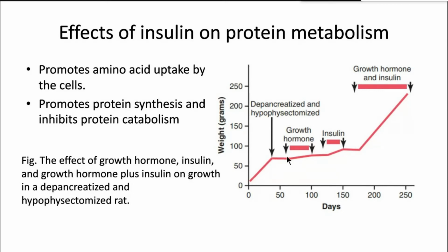Now, we inject growth hormone from outside and see the effect. The weight gain here is not so significant. Now we give insulin also and we see the effect. There is rapid increase in weight. It means growth hormone alone is not sufficient to promote growth. Insulin is also required along with it.